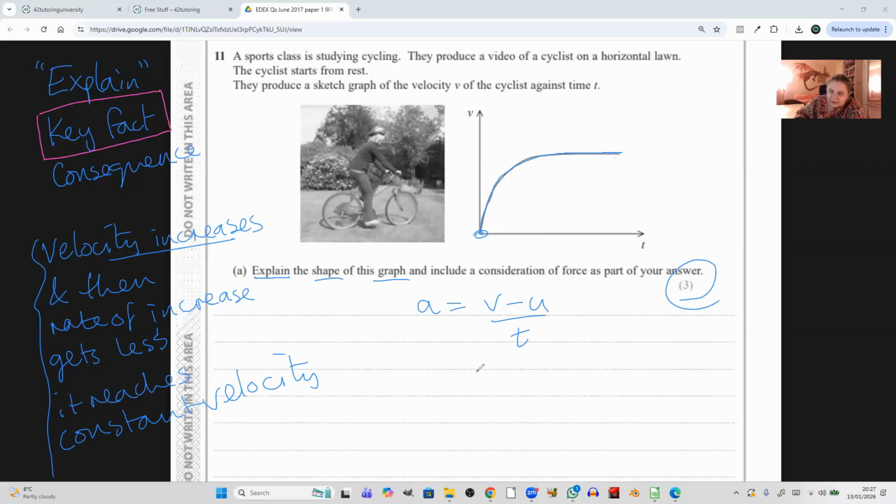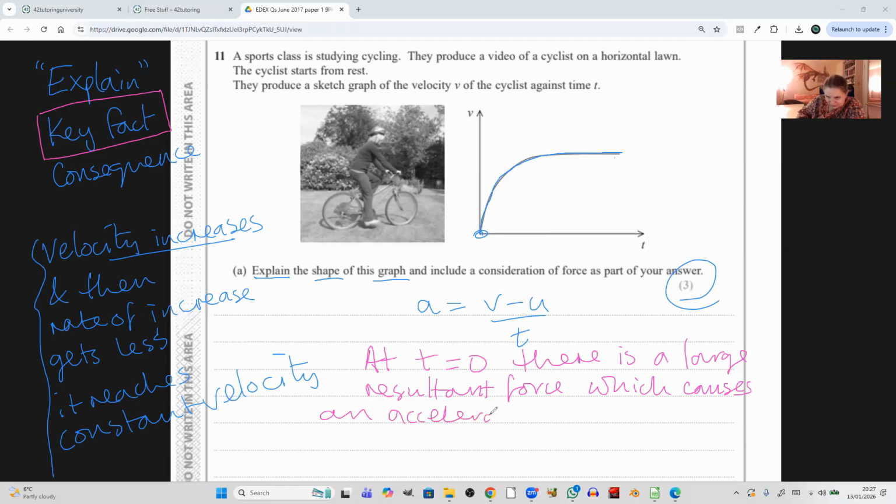Resultant force acts on the cyclist. Right, so at t equals 0, there is a large resultant force, which causes an acceleration. And the rate of change of velocity, which is the acceleration, is large.